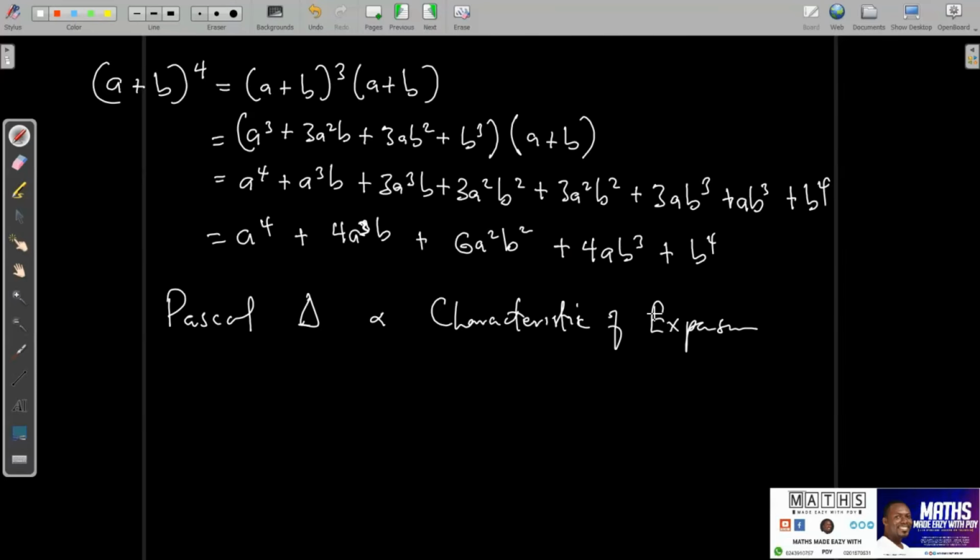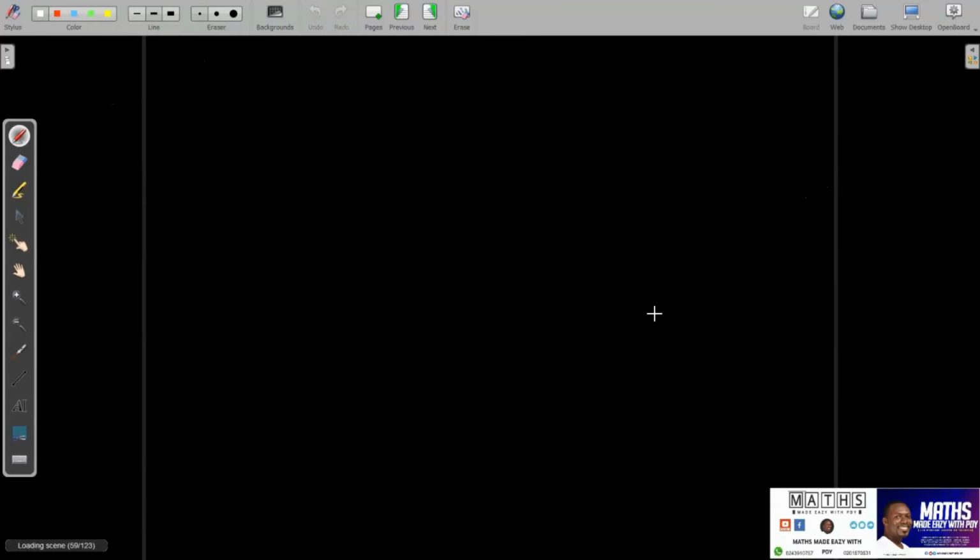Now, without much ado, let us apply just the little that we've learned right now to work on. Let's take it that we are told to expand x plus 2y all raised to the power 3.